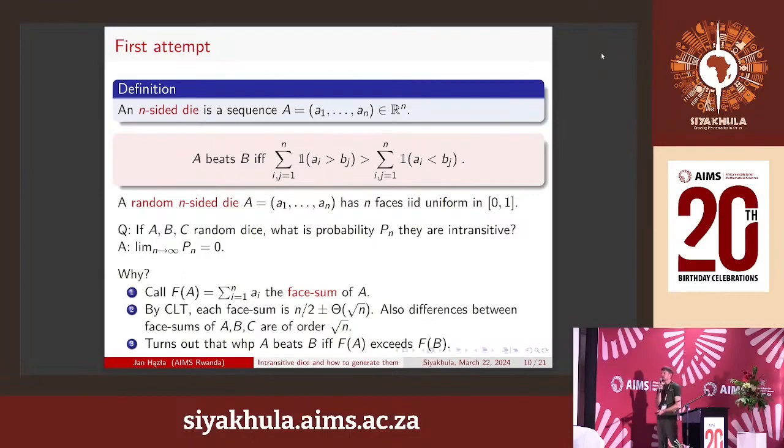Because we are sampling IID, this f of A as a random variable has some standard deviation. So if you sample 3 of them, they are not going to have exactly the same sums. And it will turn out that this causes transitivity, because the one with the highest sum is going to beat the others, and the one with the lowest sum is going to lose to the other two. You need to prove it. This is not super easy, but also not super hard. But on the high level, this is the reason that this is not a good model to generate examples.